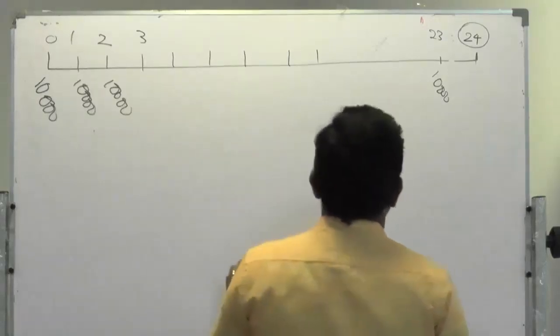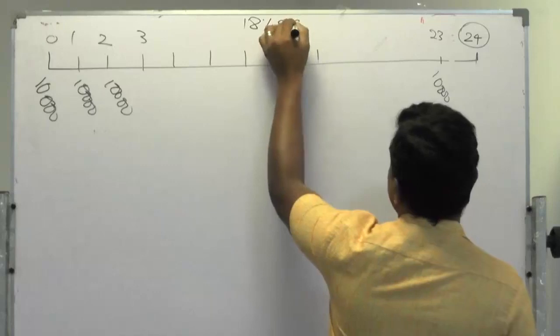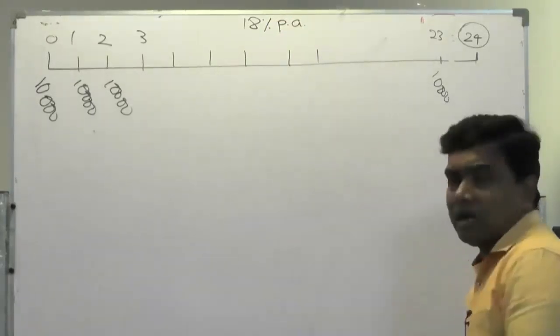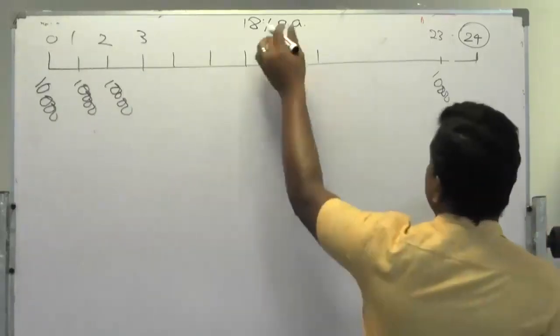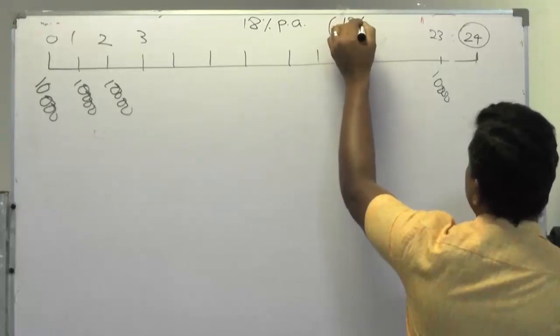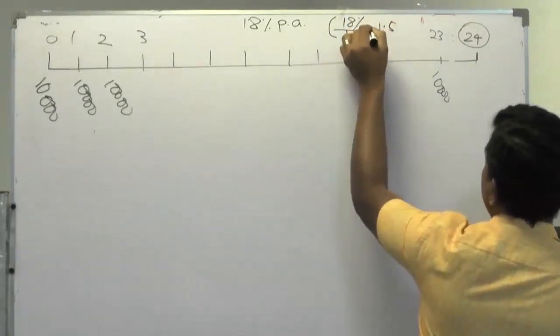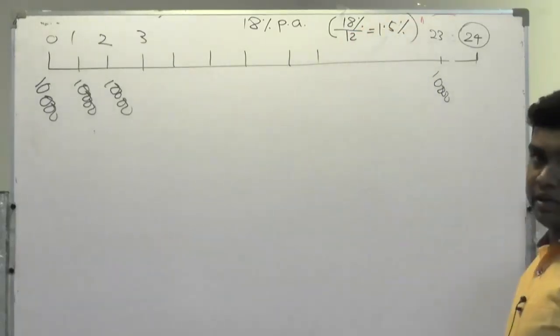Annual interest rate 18% per annum, but interest will compound monthly. Therefore, monthly interest rate will be 18% divided by 12, that is 1.5.